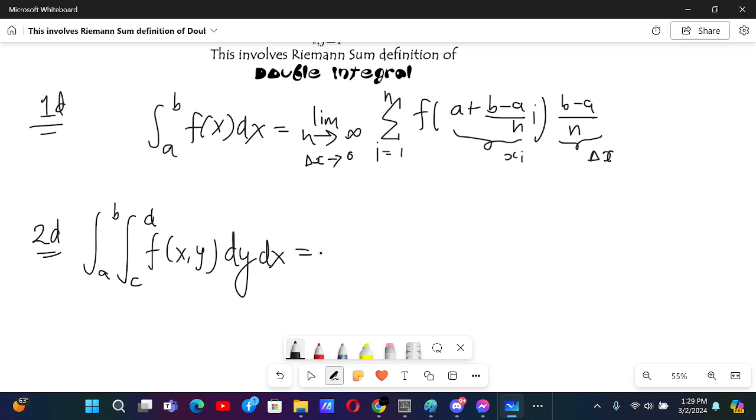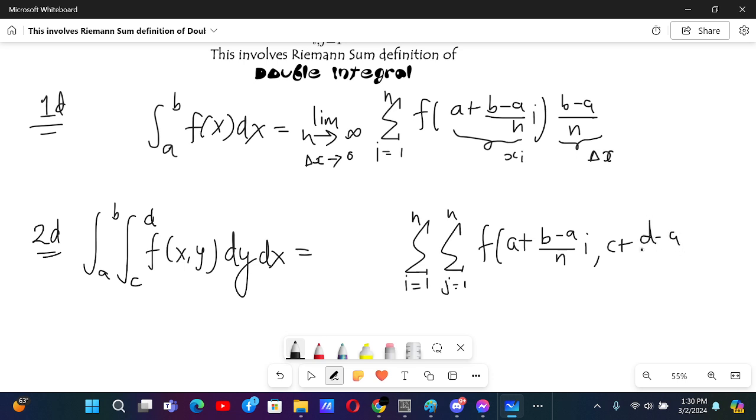Now again, how I will write it is the sum from i equals 1 to n, sum from j equals 1 to n, and then f of a plus (b minus a)/n times i, c plus (d minus c)/n times j.